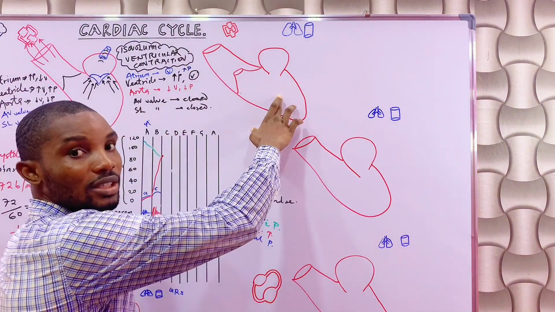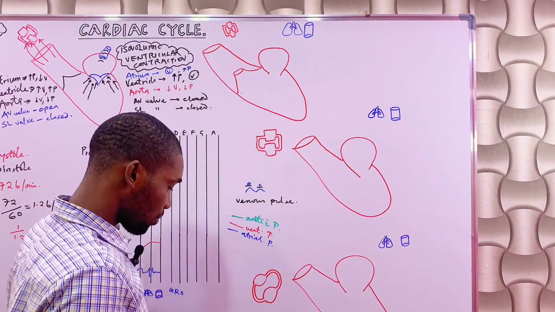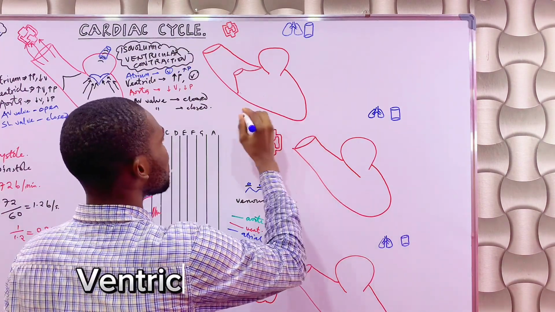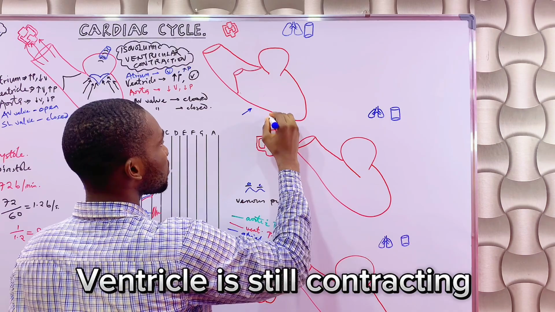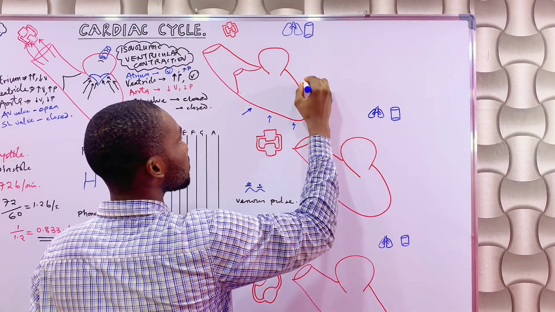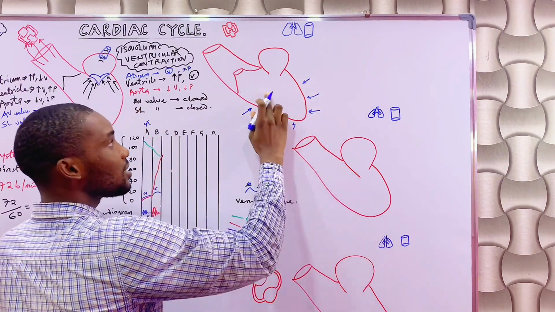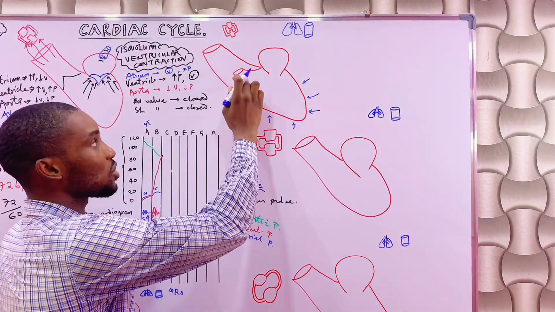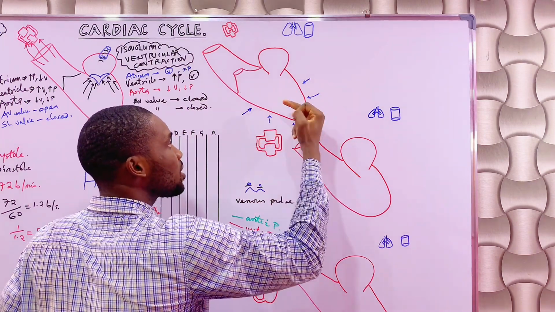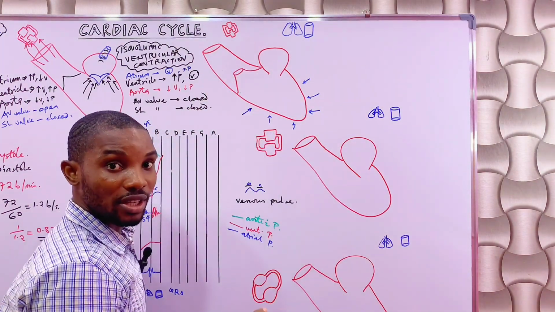Now, looking at the events that occur here, remember that this ventricle is still contracting. The ventricle is still contracting, and this valve has opened. That's the semilunar valve has opened. So now it's contracting, squeezing blood into where? The aorta.